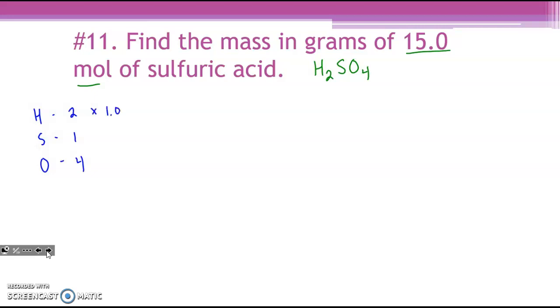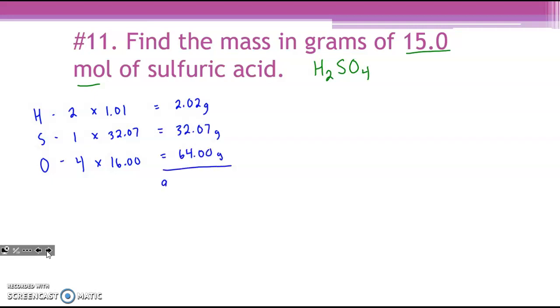The mass of hydrogen, 1.01. Mass of sulfur, 32.07. Mass of oxygen, 16.00. 2.02 grams, 32.07 grams, and 64.00 grams. Our molar mass, our conversion we're going to use is 98.09 grams. And our conversion is grams per 1 mole. That's how we're going to use it here.